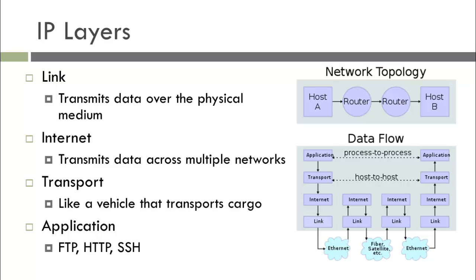The Internet layer takes it from one network to another network, or across the networks as it reaches its destination. The transport layer acts like a vehicle. It ensures that the data leaves its host and reaches its destination intact. If the data gets lost or corrupted along the way, it has to go back and get it again to ensure it arrives at the destination as it left.